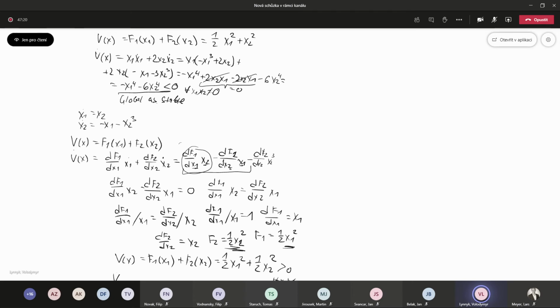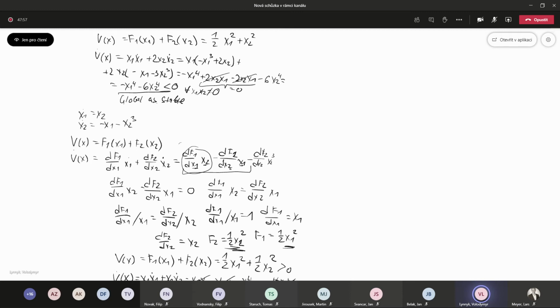And V dot from x equal to x1 x1 dot plus x2 x2 dot, equal to x1 x2 minus x2 x1 minus x2 to the fourth degree.